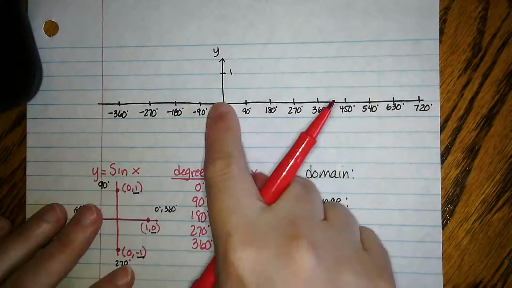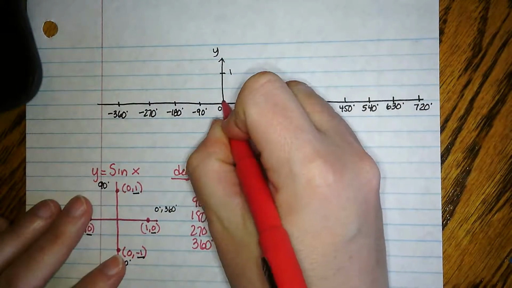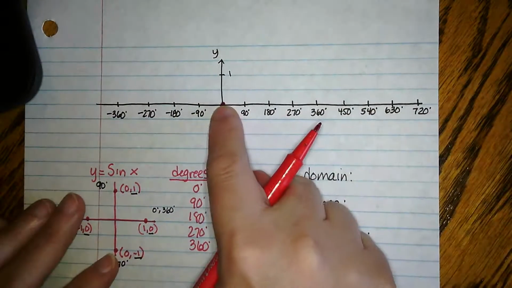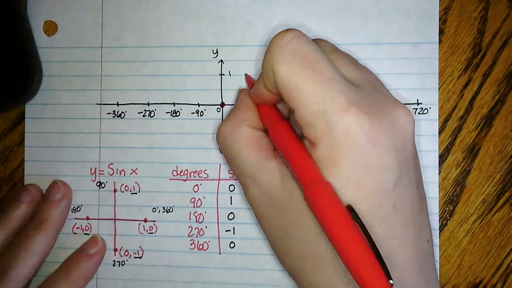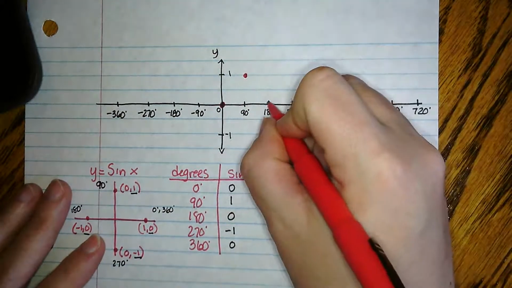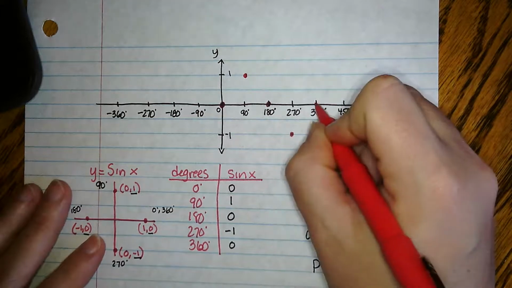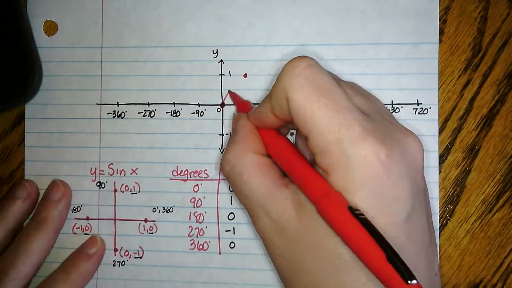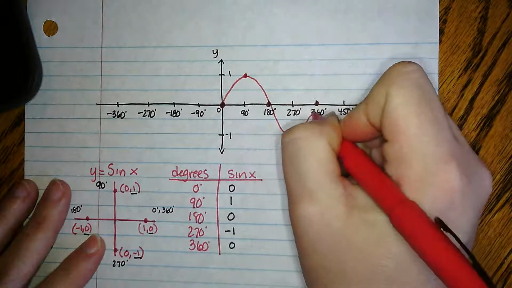At 0 degrees, I am at 0 height, so that's right on the origin, 0, 0. Then at 90 degrees, I'm going up to 1, 180 back to 0, 270 down to -1, 360 back to 0. So this represents one cycle of sine.